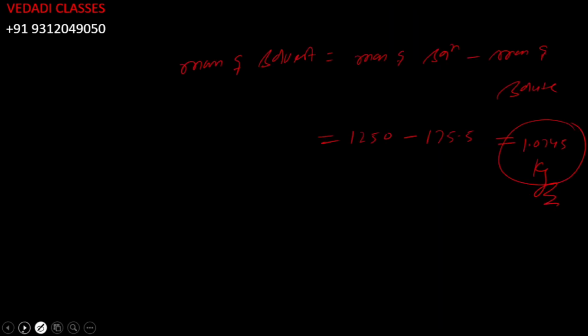So I got some questions from the book. Here is the question. The concentrated HCl contains 38% of HCl by mass.